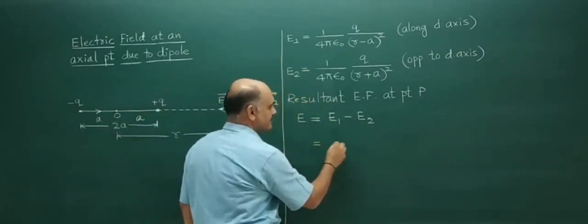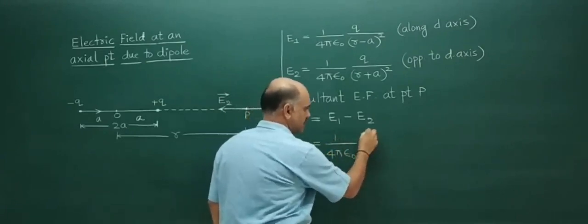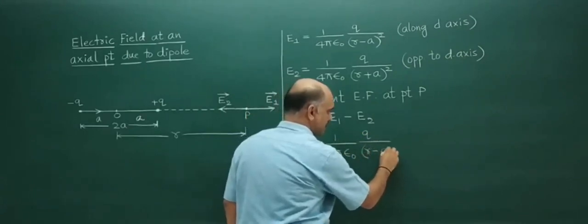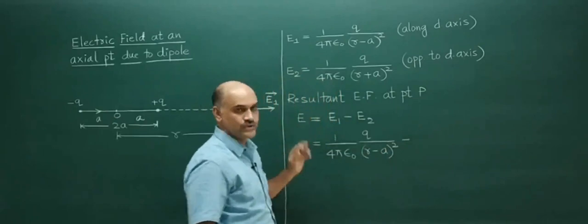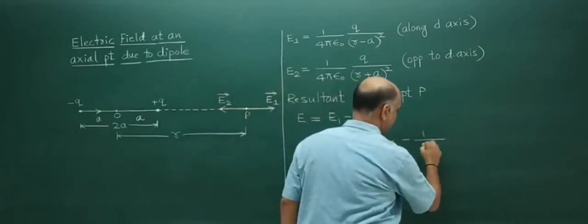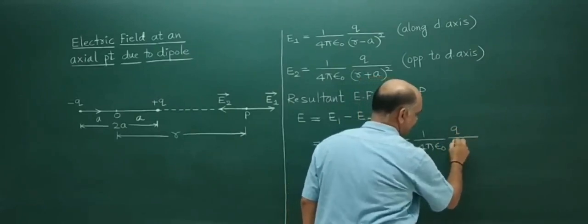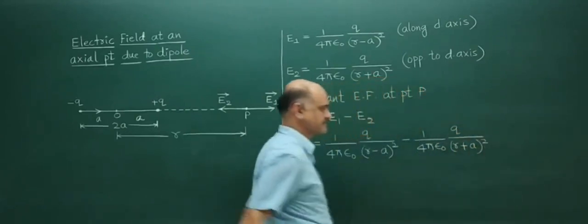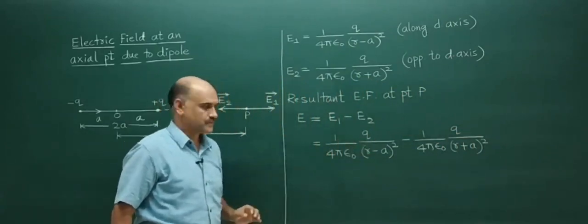E is equal to E1, which is 1 by 4 pi epsilon naught q divided by (r minus a) whole square, minus E2, which is 1 by 4 pi epsilon naught q divided by (r plus a) whole square. Now take common among these two.